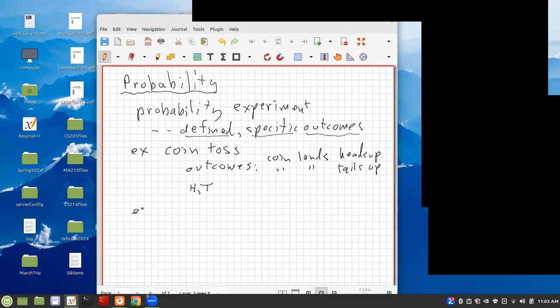Okay, and then another example would be a dice roll. You could have a dice with different numbers of faces if it was a different shape and arranged right.